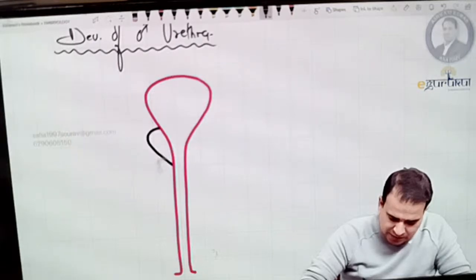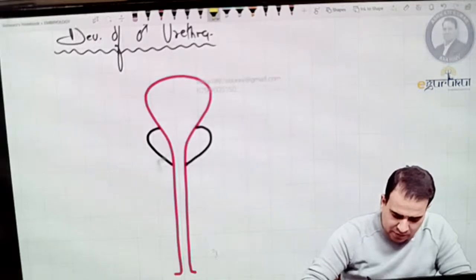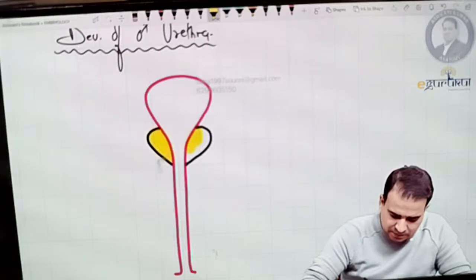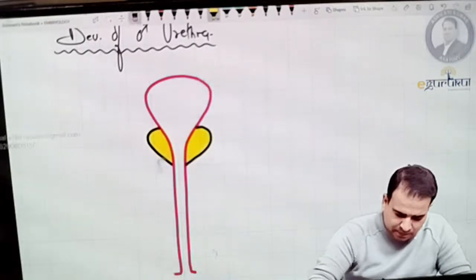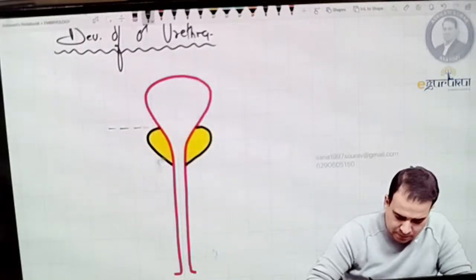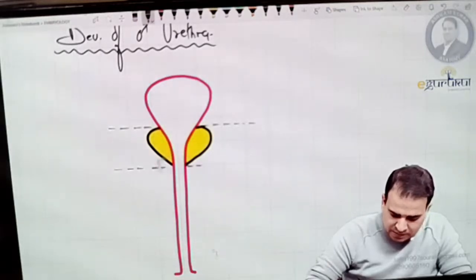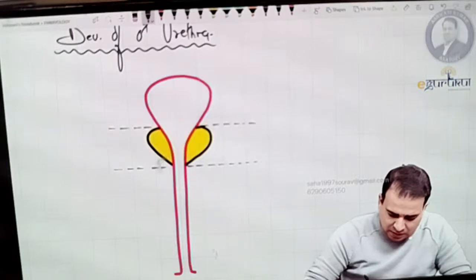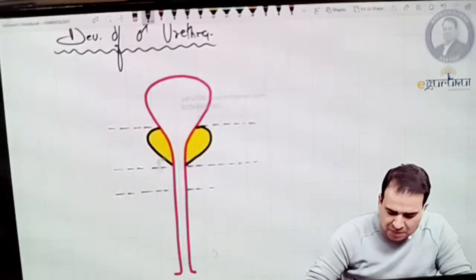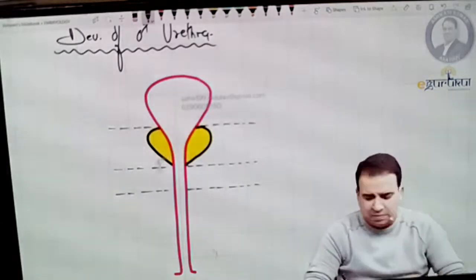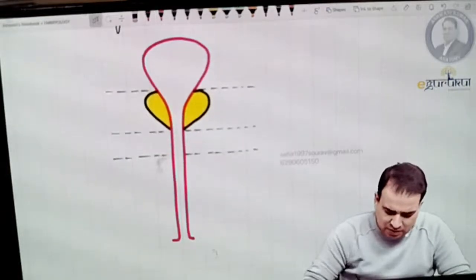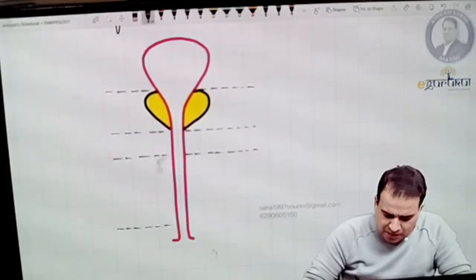If this is a prostate gland, let's say this black color here represents the prostate gland. So this is a prostatic urethra. That is the extent of the prostatic urethra, followed by the small membranous urethra, which is present in the deep perineal pouch. Then we have this long penile urethra or spongy urethra.